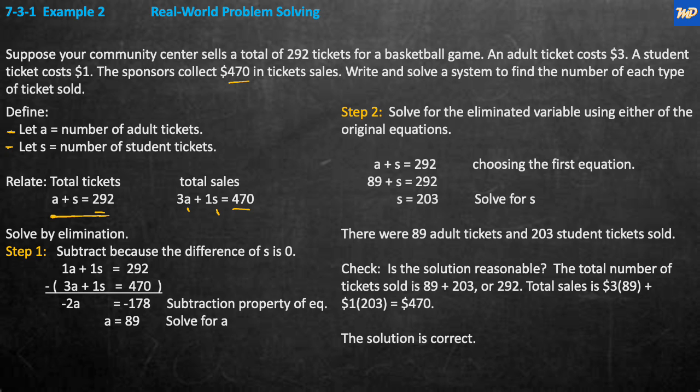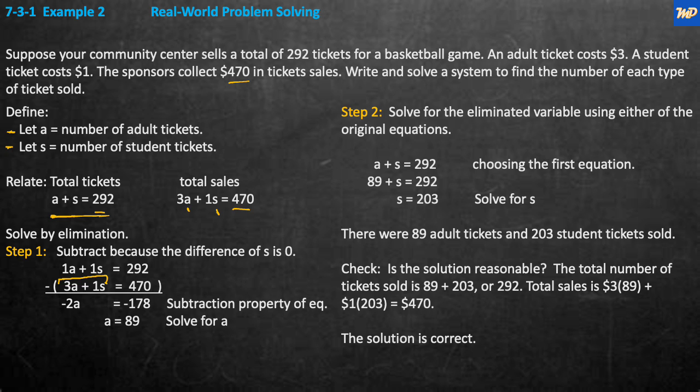And we're going to subtract from that the 3A plus 1S equals 470. So there are our two equations: A plus S is 292, and 3A plus 1S is 470.